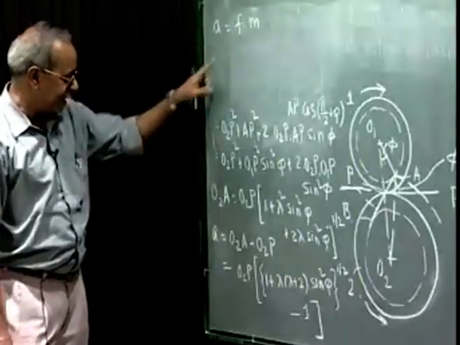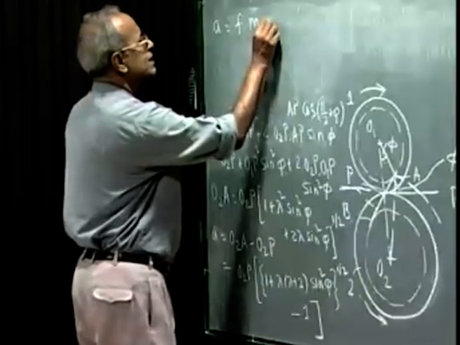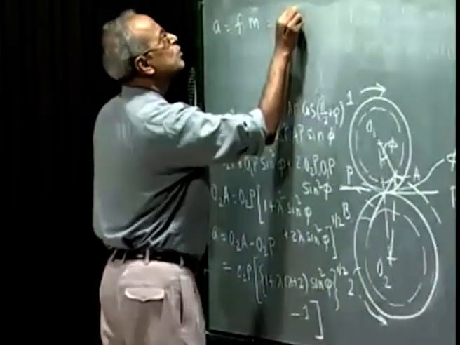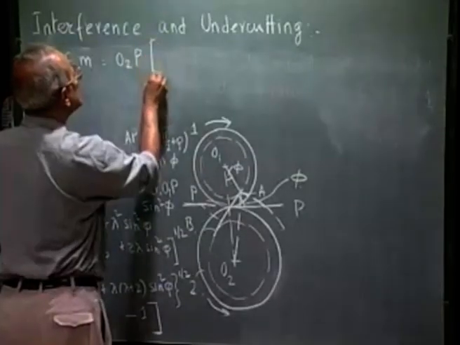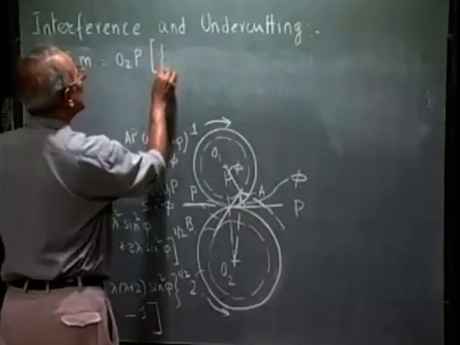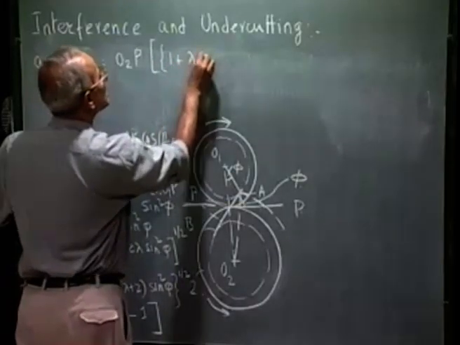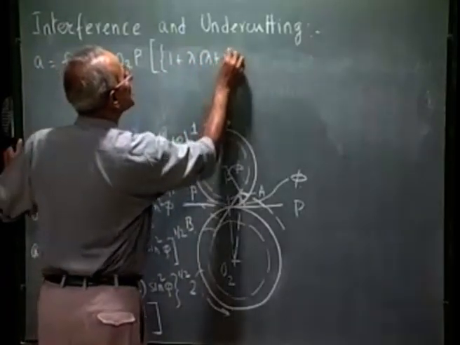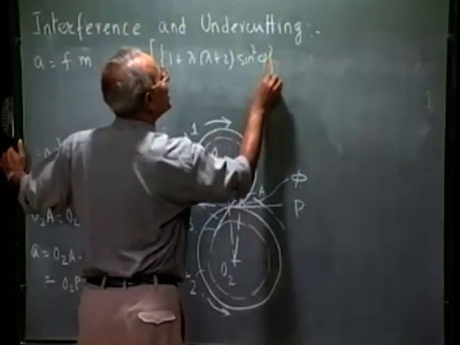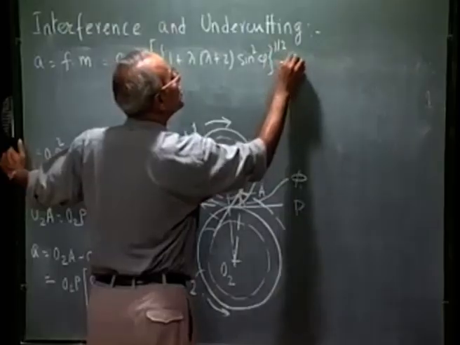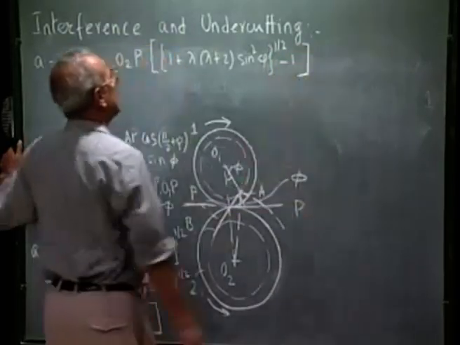So A, which is f into m, is O2P into this expression, which is 1 plus lambda into lambda plus 2 sin squared phi, to the power half, minus 1.